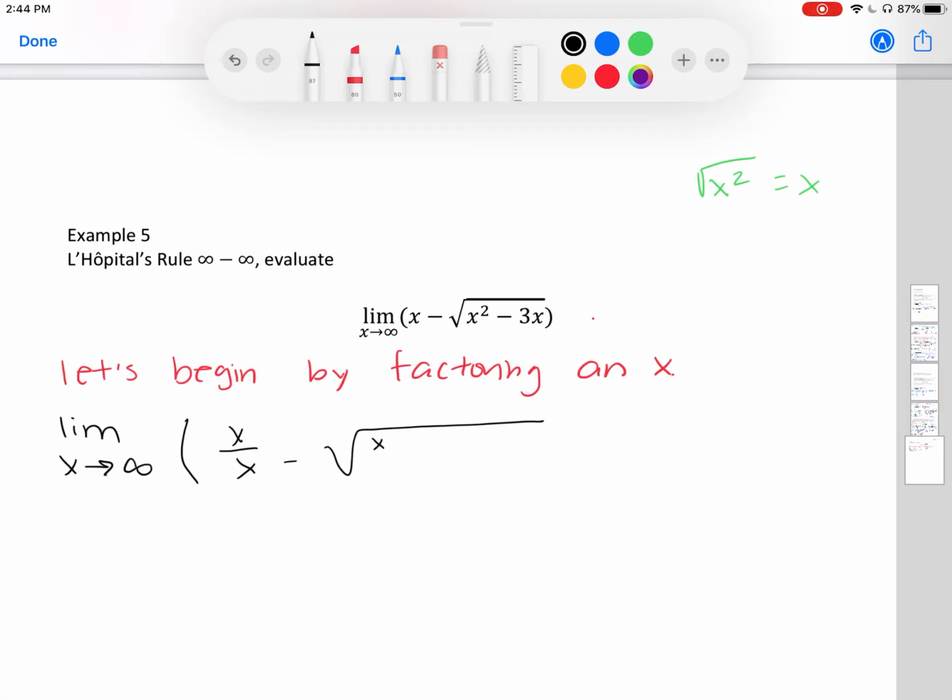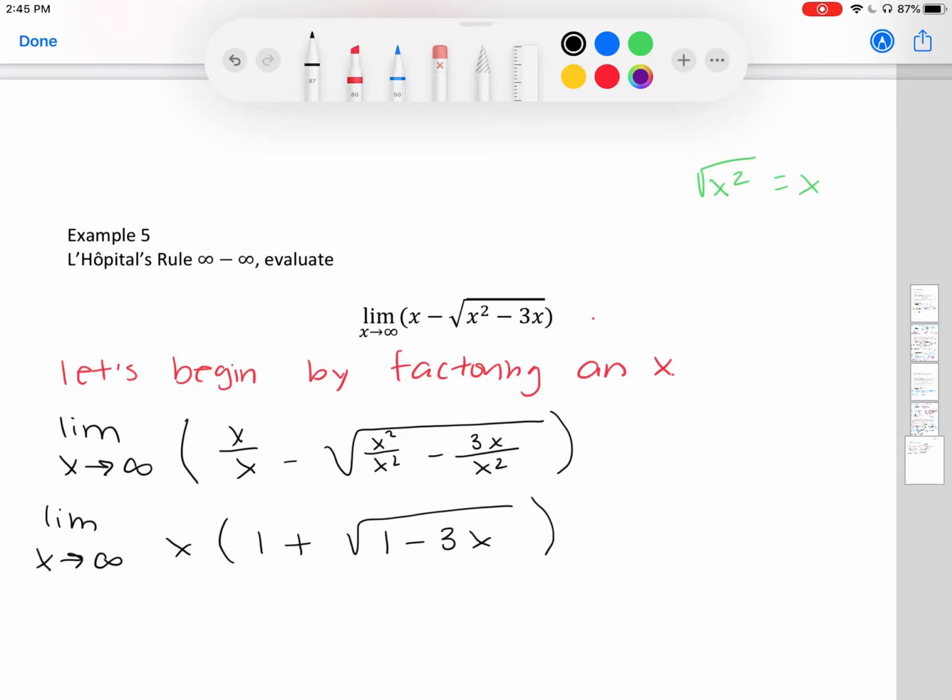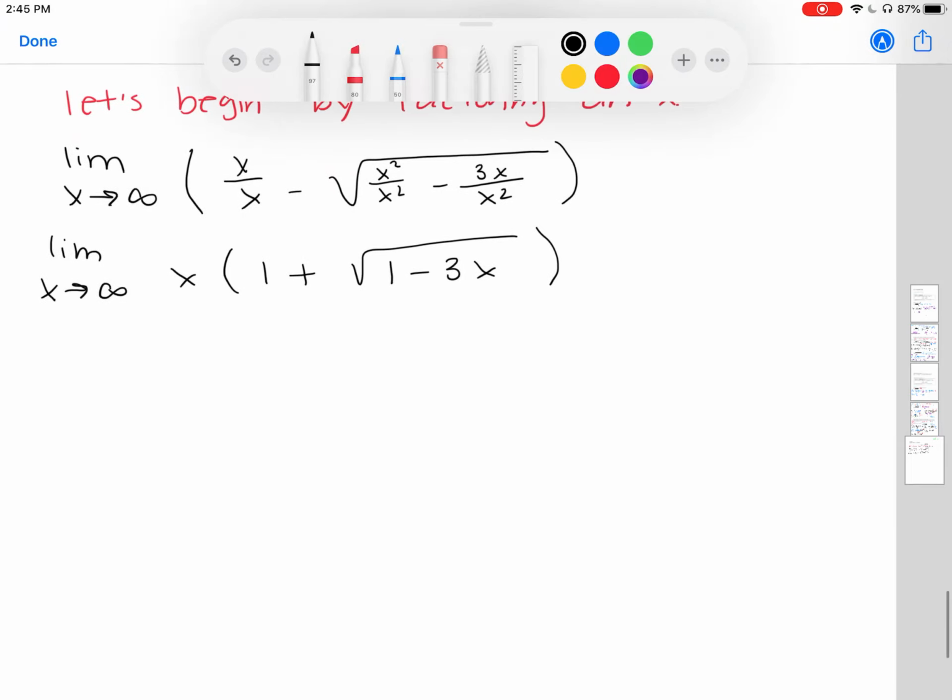So that we have x squared divided by x squared minus 3x divided by x squared. Okay, we have factored out an x. So I have the limit as x approaches infinity of x times 1 minus the square root of 1 minus 3/x.